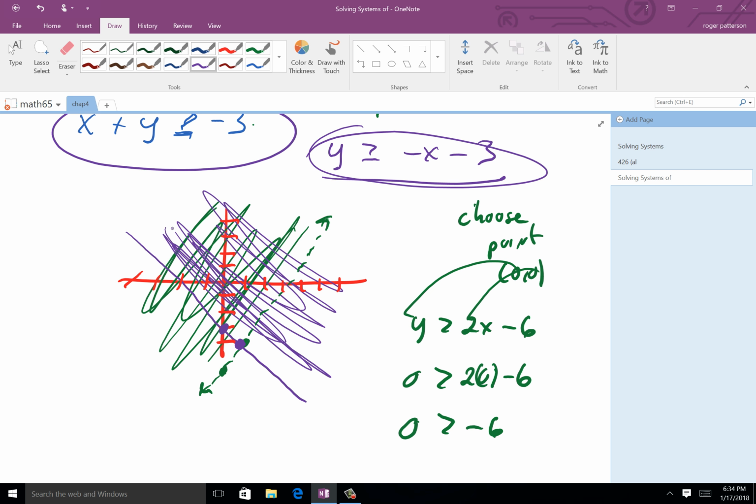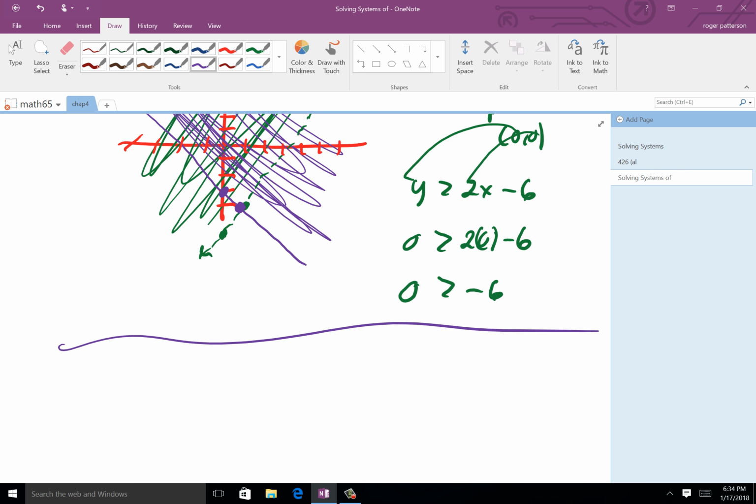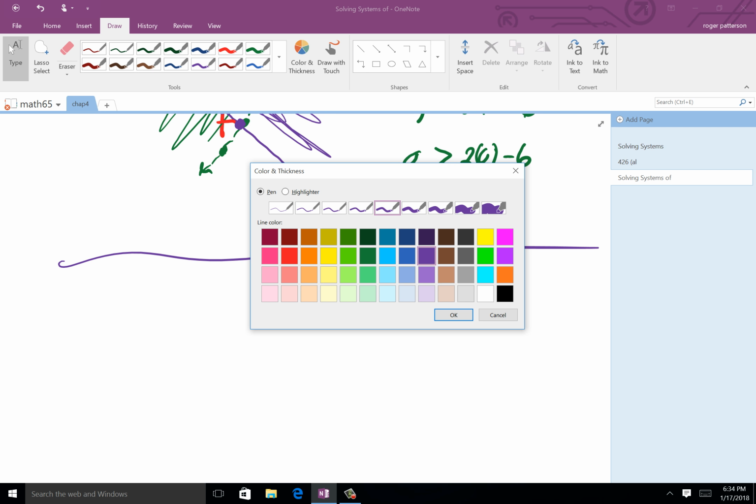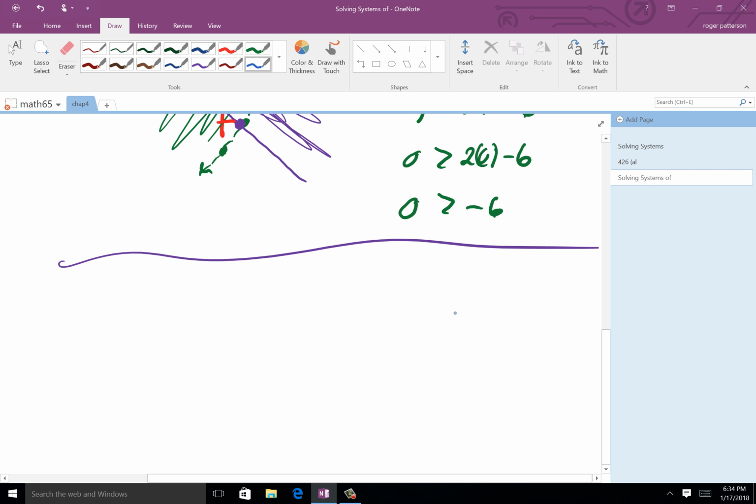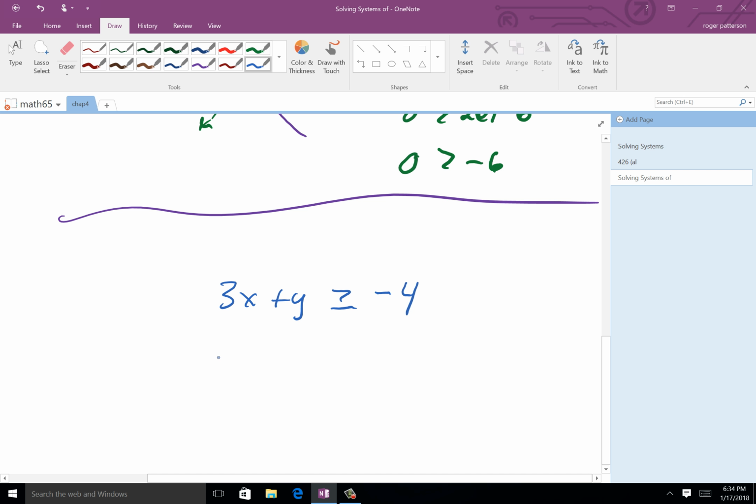All right, so let's try another one here. Let's go with 3x plus y greater than or equal to negative 4, and negative 2x plus y is less than or equal to, I think I'm going to make this a positive 4 instead, and then negative 6 maybe?